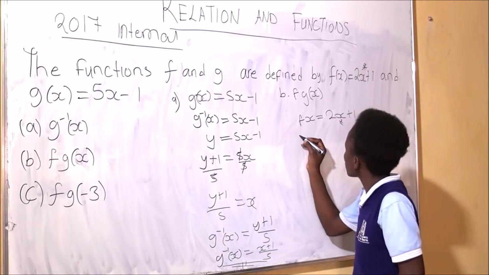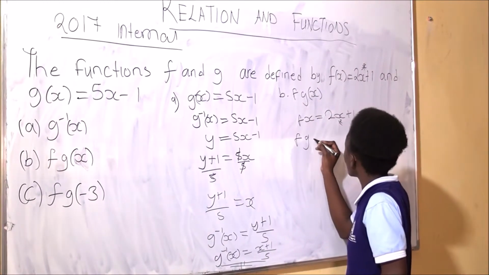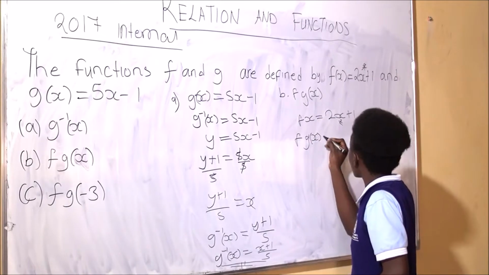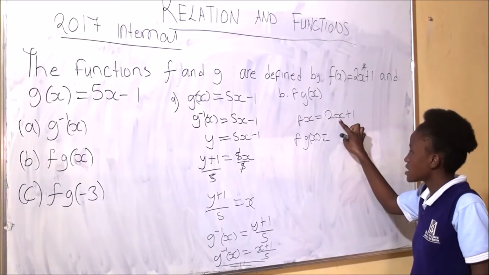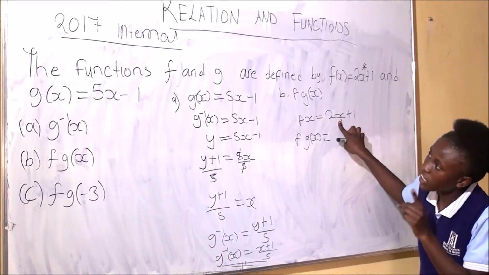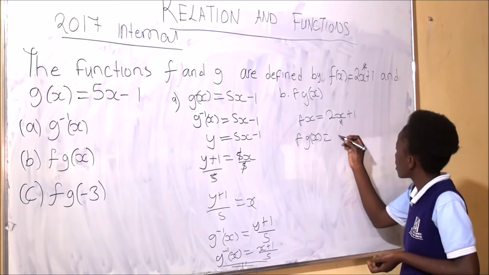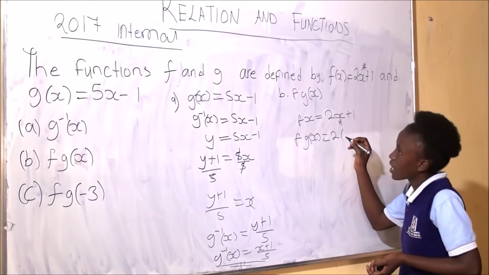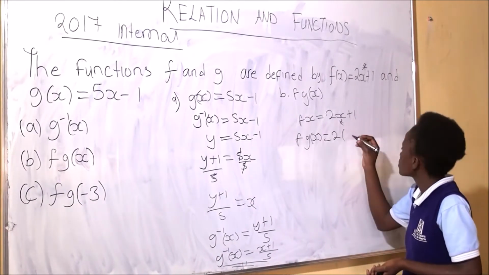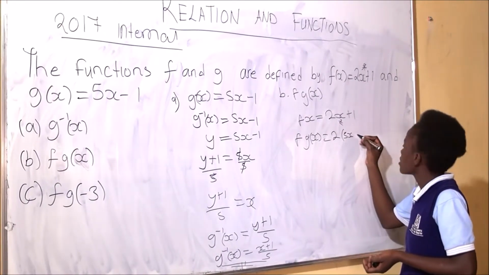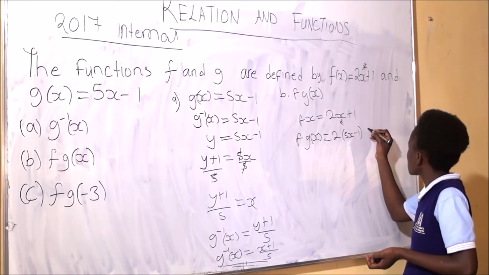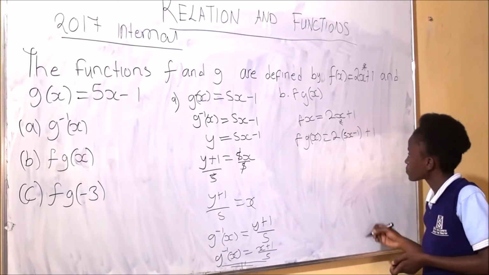So our f g of x is equal to, where there is x, we put our function 5x minus 1, which is the g of x. So now it's going to be 2 open bracket 5x minus 1 close bracket, then plus 1.